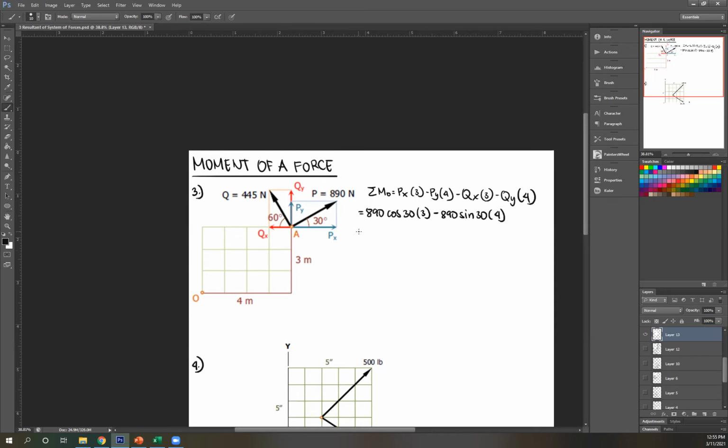Then minus Qx, this is your Q. Qx is just cosine 60. So minus Q is 445 cosine 60 times distance 3. And then lastly, minus Qy. Qy is sine 60. So 445 sine 60 times distance 4. So what's the answer?